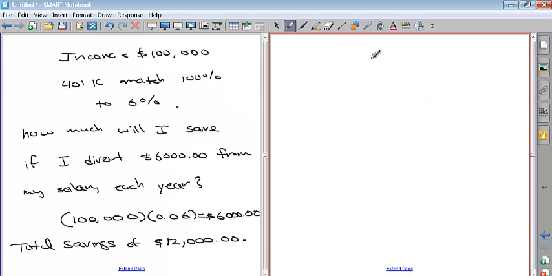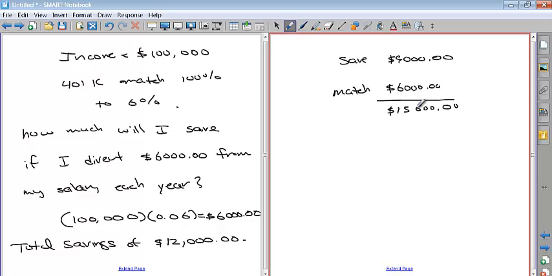So let's say you save $9,000. Well, they're only going to match 6,000 of that. They'll match up to 6%. So your total in that case is $15,000.